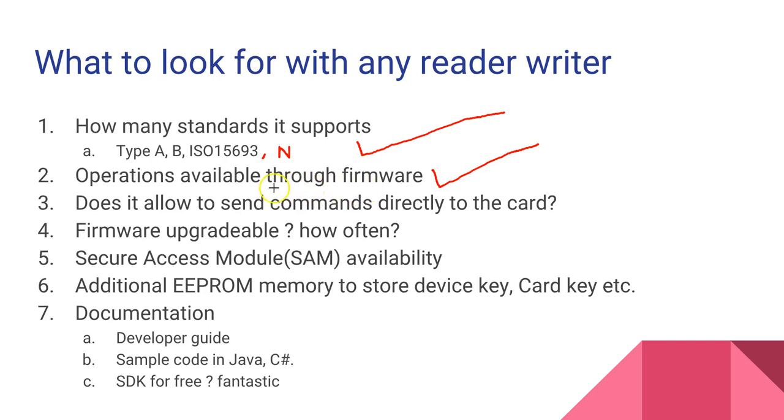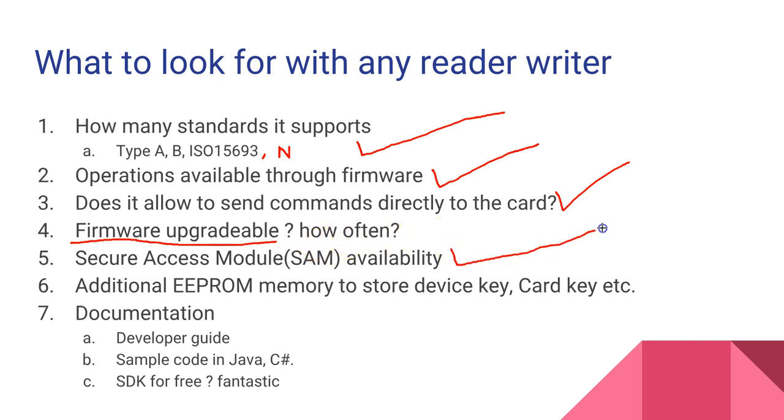Again, the device capability depends on what the firmware can do, and also look for this as well: does the firmware allow you to send commands directly to the card? The best place to look for this is, you can email the manufacturer, and also check if the firmware is upgradable, and also check how often and where to get it from.